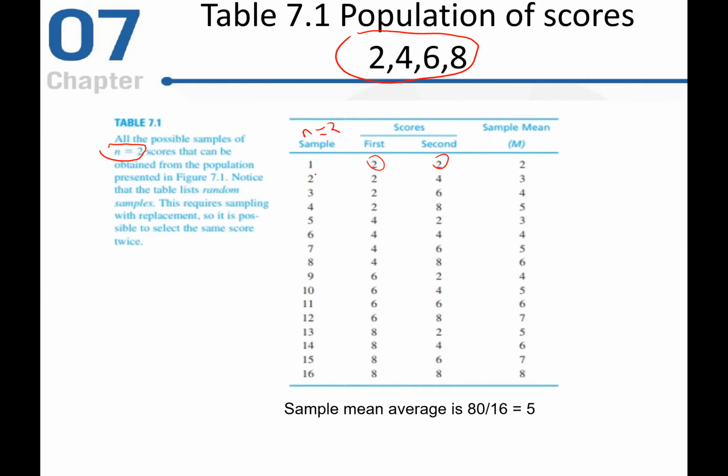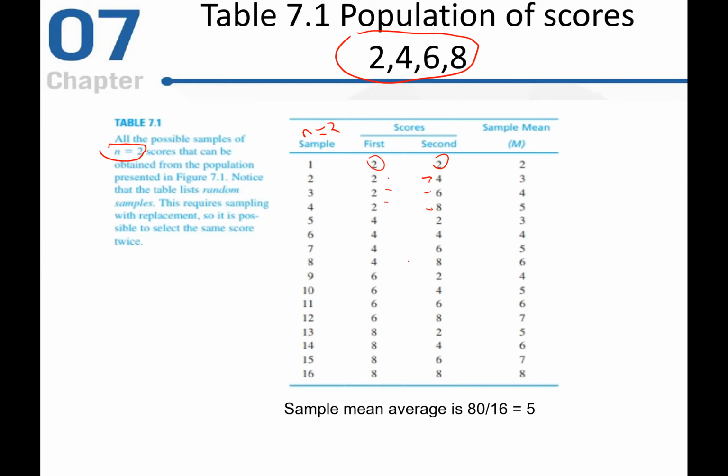Our second sample of size 2 is 2 and 4, then 2 and 6, and then 2 and 8. We do that for all of the possible samples of size 2, and that ends up being 16 different samples.